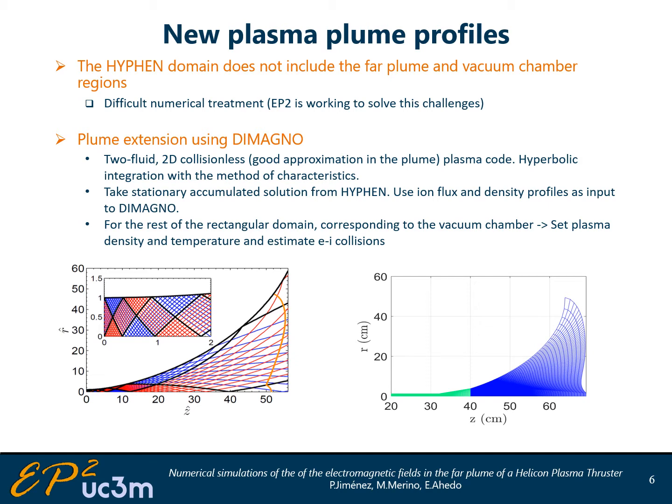That way we can know the plasma density and temperature in the plume, in the expansion, and we can use the plasma profiles from HYPHEN in the small domain, the MAGNO profiles in the plume, and give representative values for the rest of the vacuum chamber. By the way, we will estimate electron and ion collisions both in the plume and vacuum chamber because we know they dominate in these regions, and we will use them in the wave module. For the transport, remember that MAGNO assumes a collisionless expansion.